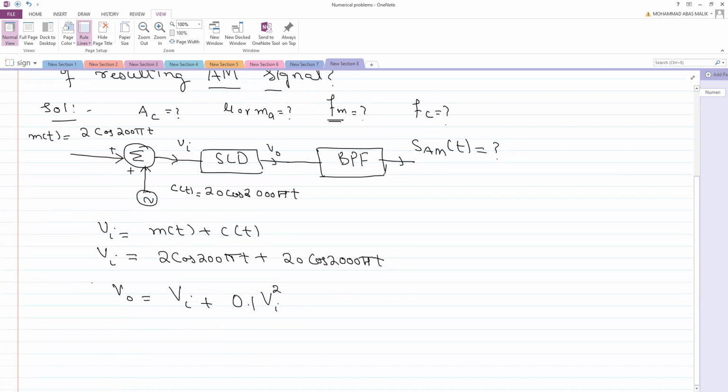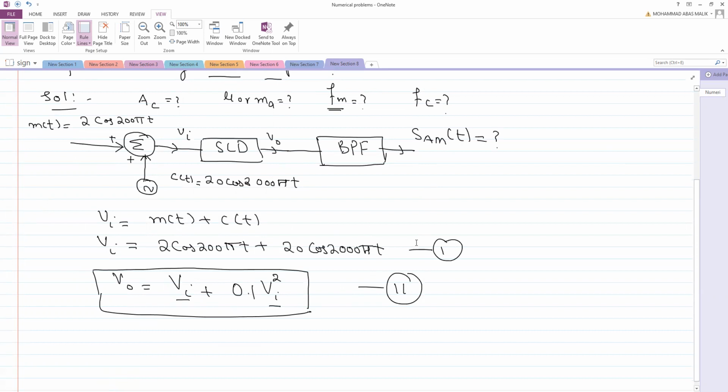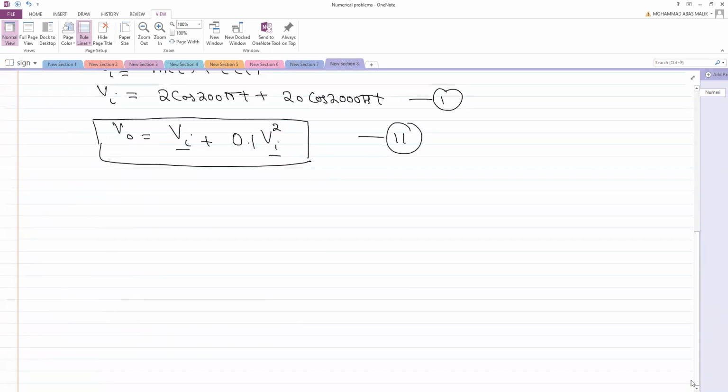Now you know the Vi value. Put the value of the first equation in the second, as you have done previously.